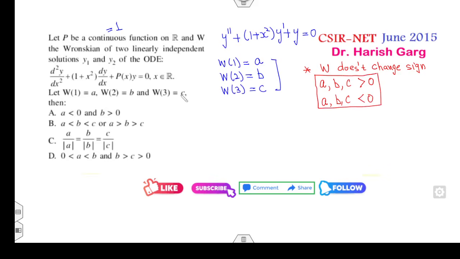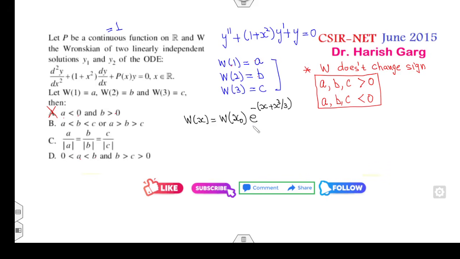But you can see the first option says A is negative. That means the Wronskian at 1 is negative and the Wronskian at 2 is positive. That is not possible. There is some relation between them, A and B both are positive. Now, what is the relation between them? Again, we can use Abel's formula. The Wronskian at any point is e raised to the power minus the integration of this portion, so x plus x cube by 3.